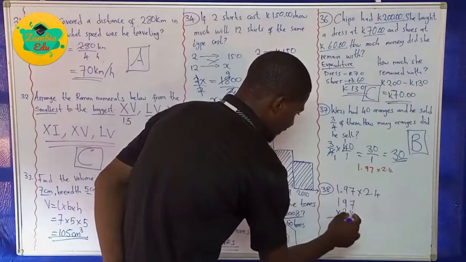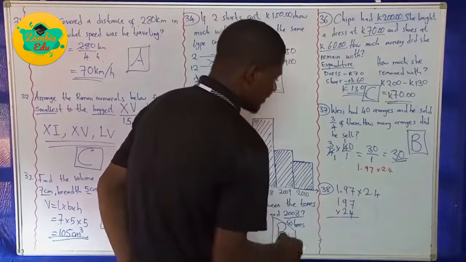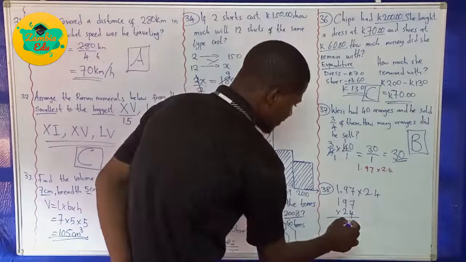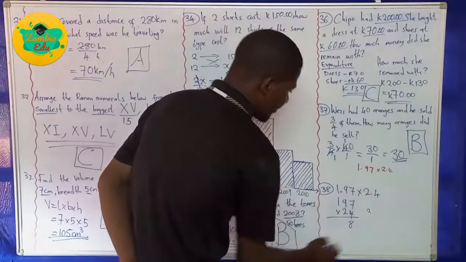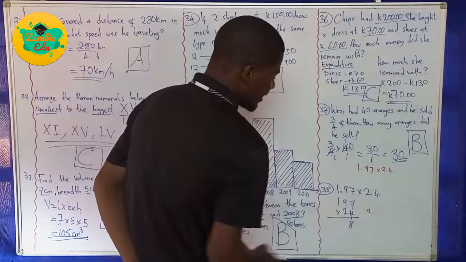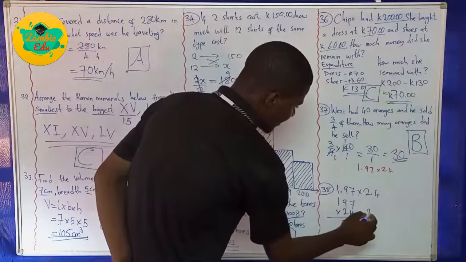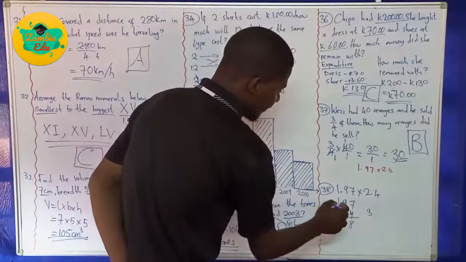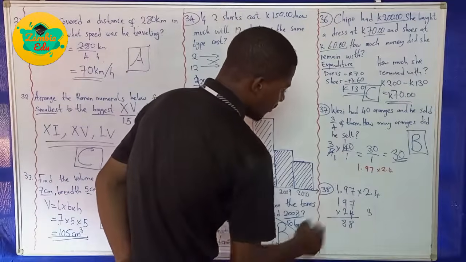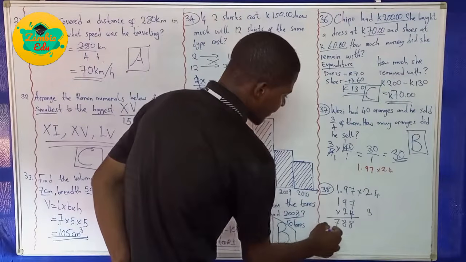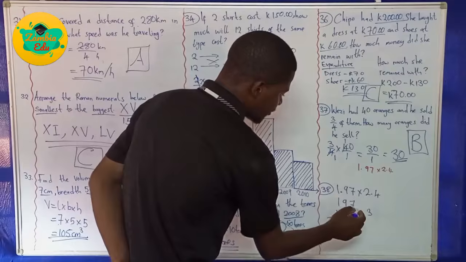We begin our multiplication. 4 times 7 is 28. So you write 8, carry a 2. 4 times 9 is 36, plus 2 is 38. So 8 again, carry a 3. 4 times 1 is 4, plus 3 is 7. Okay, we've used 4 to multiply everything on top.